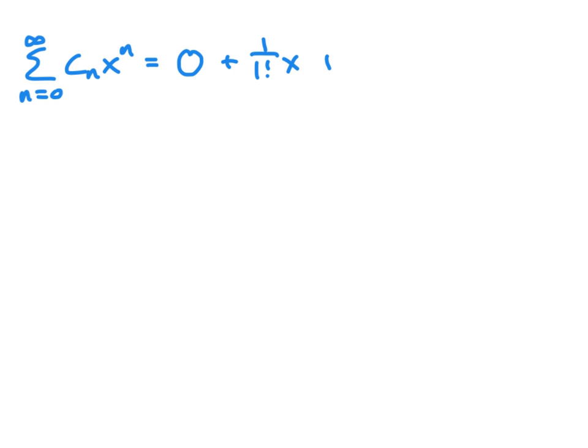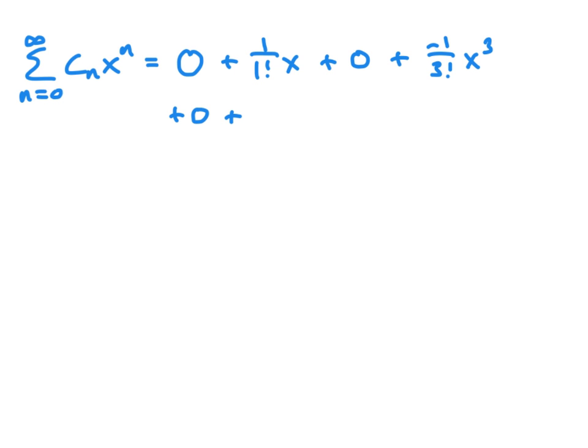When n is 2, that is an even number, and so we have a coefficient of 0, and therefore a term of 0. When n is 3, we're going to get negative 1 over 3 factorial as our coefficient, multiplied by x to the third power. When n is 4, we get a plus 0, since 4 is an even number, and c sub 4 would be 0.